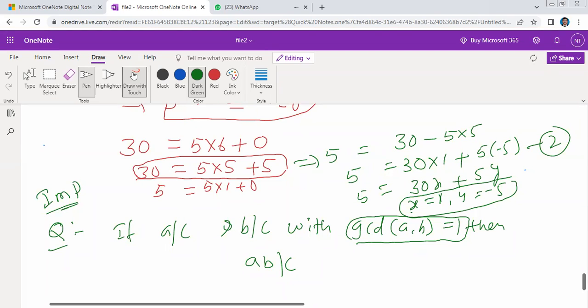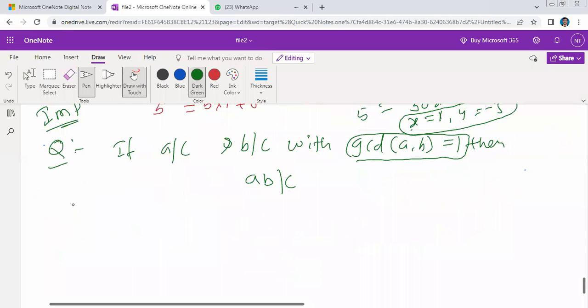You see, A divides C means what? A divides C means C is equal to A into some K, where K belongs to Z. What about B divides C? B divides C means C is equal to B into some K2. Am I right? What is the GCD?